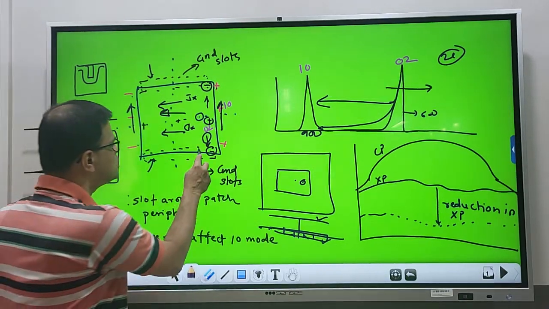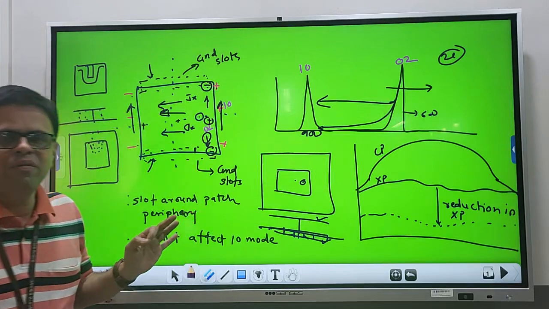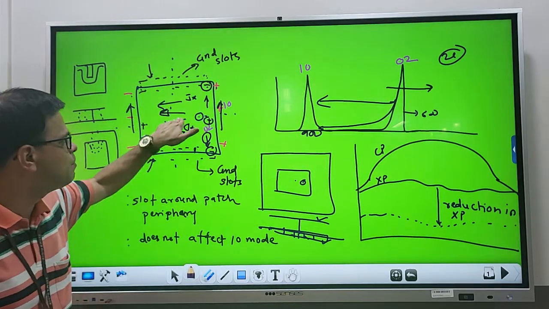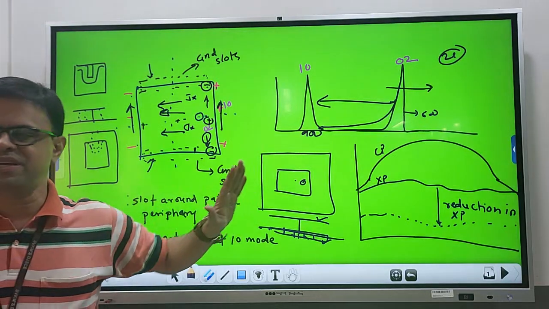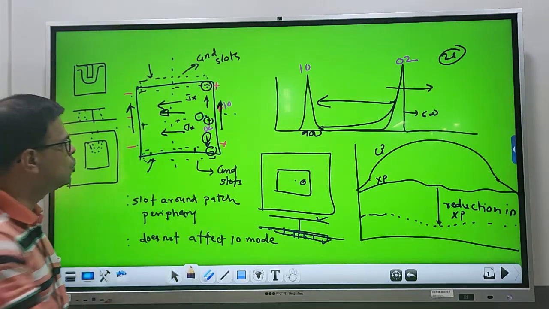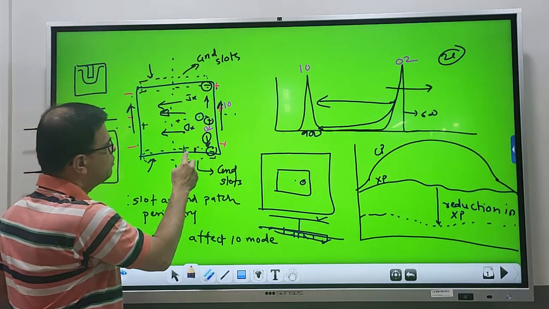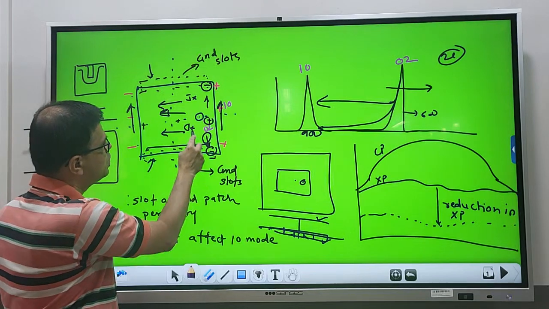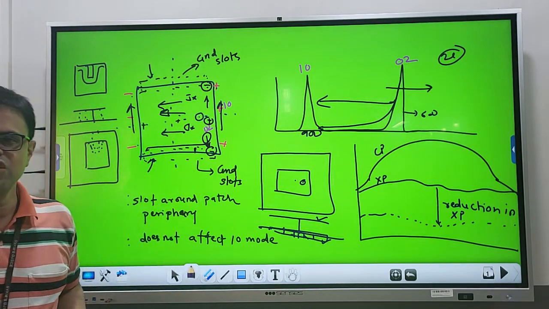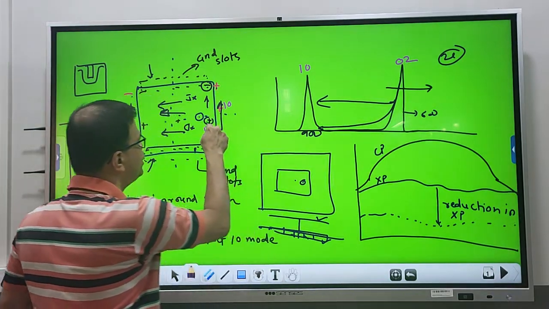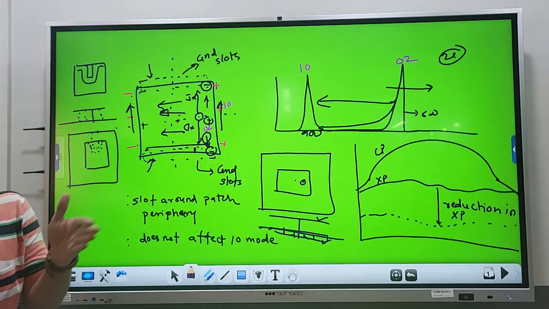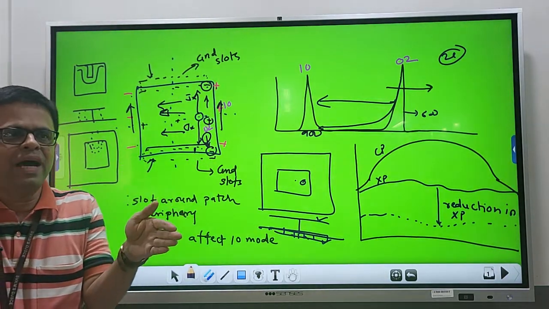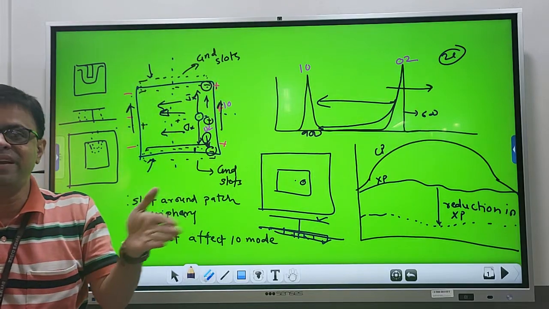This is the only contribution there, which is small, and that slot is not placed in the patch center. So the effect on TM10 mode frequency is absent. Okay, so when you go on increasing the slot dimension, it has very minimal effect on 10 mode, but it is going to reduce the effective current path length at 02 mode, because the ground plane below the patch at 02 mode is shrinking.